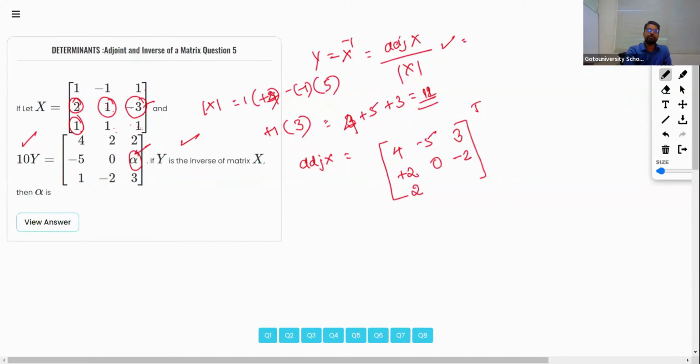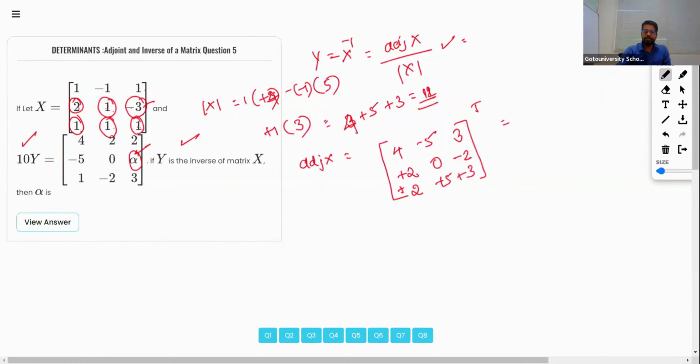Because it is the first row and the third column, it remains plus only. And coming to this second column and third row, which will be minus, eliminating all this we have minus 3 minus 2, which is minus 5. It will become plus 5. Coming to the last row and last column, let's keep the sign plus, so it is going to be 1 plus 2, 3.